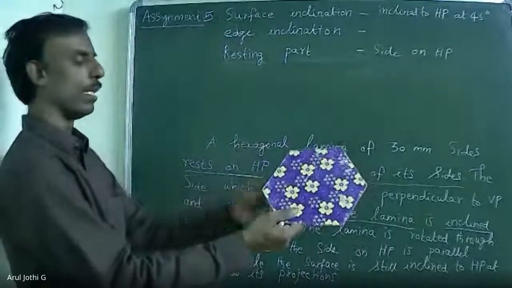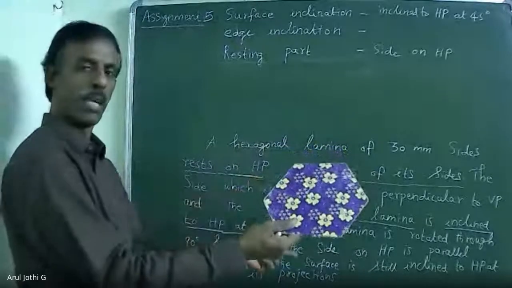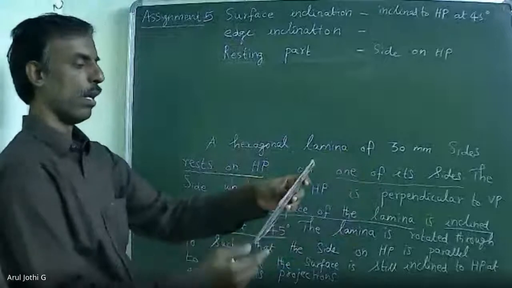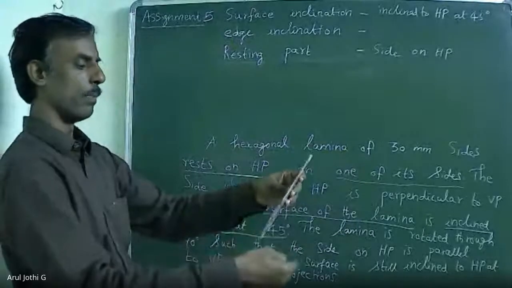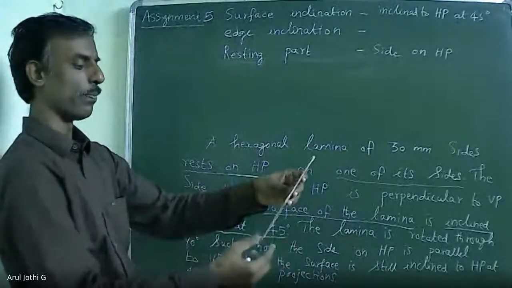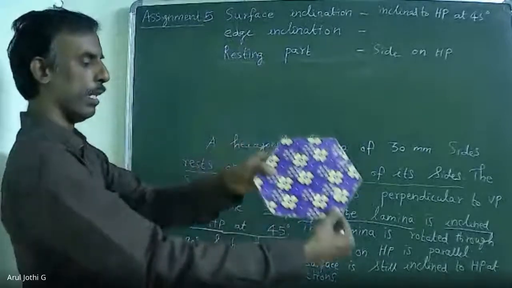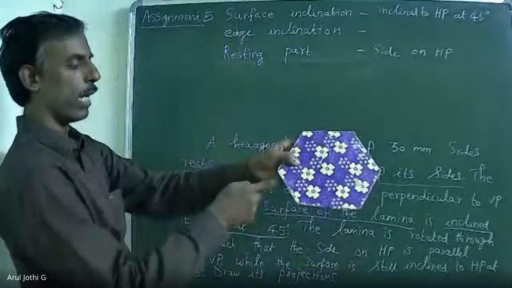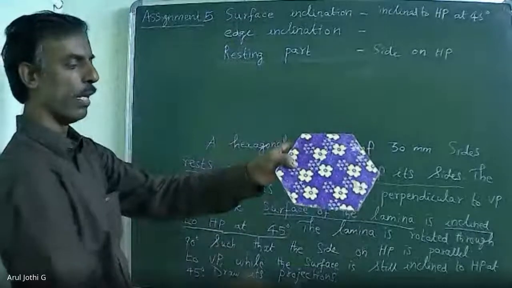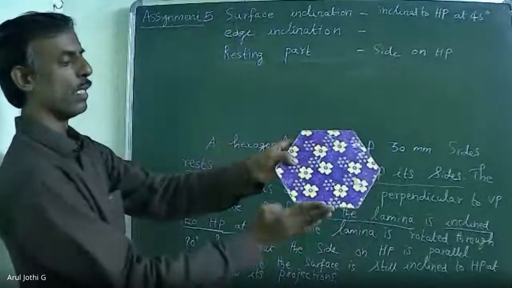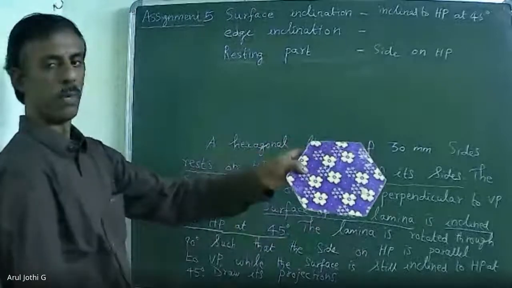That is, HP inclination is maintained the same 45 degree. Now look at this. The HP inclination is 45 degree. I am going to rotate this top view through 90 degree so that the same angle 45 degree will be maintained. Also, this resting side is now parallel to VP in the final diagram.